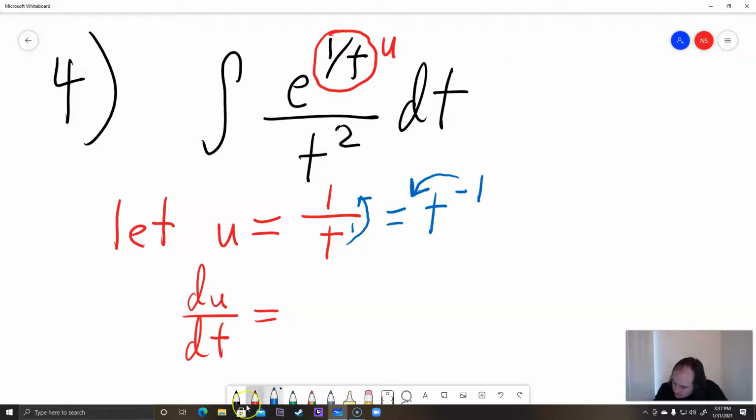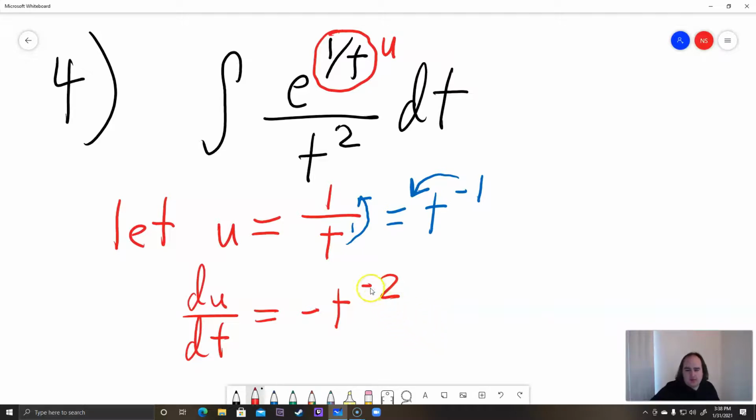So we're going to get negative t to the negative 2, because you bring the exponent out front and then you decrease it by 1. So negative 1 minus 1 is negative 2. So du dt should equal negative t to the negative 2.